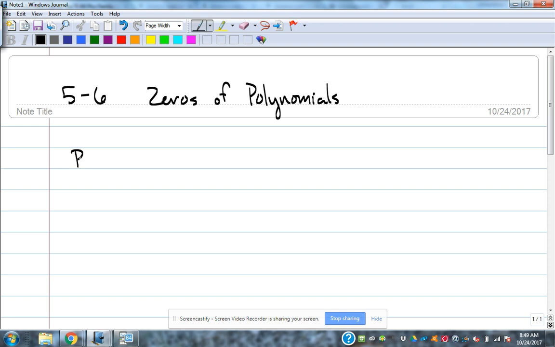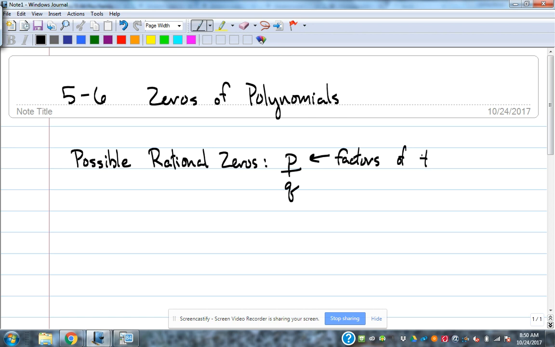What we do then is we make a list of the possible rational zeros. And we call it the P over Q list. The P are the factors of the constant.